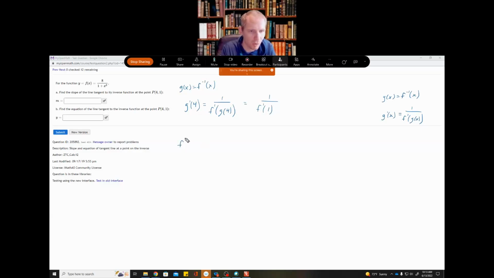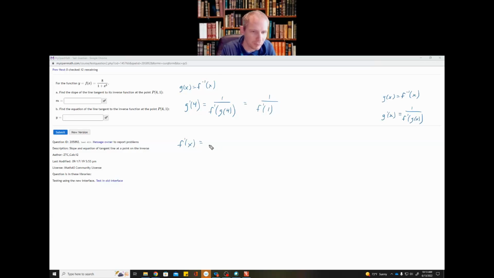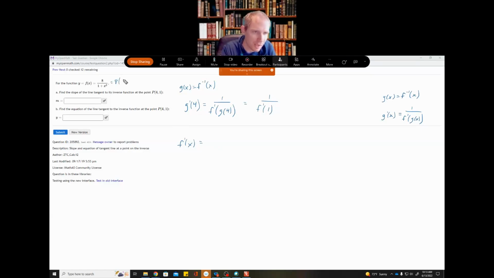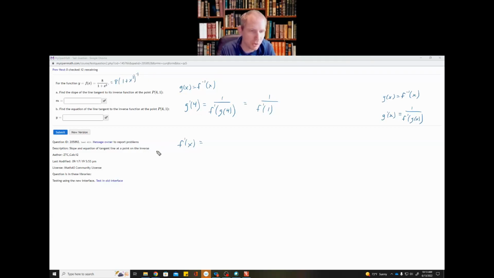Okay, so f prime of x, there's, I guess, two different ways that we could go about doing this. You could write this as a quotient, which is fine. If I rewrite this as 8 times 1 plus x squared to the negative 1, I could also do this derivative using the chain rule. Okay, I'm just going to set this up as a quotient rule because I think that's how most people probably would have started this, but I think it's less work as a chain rule.